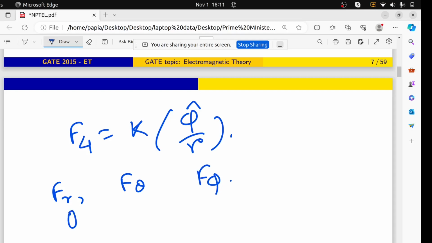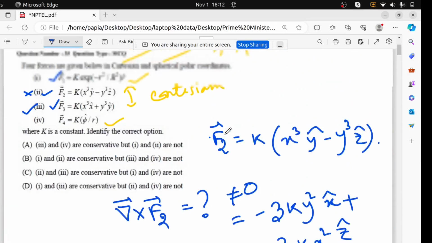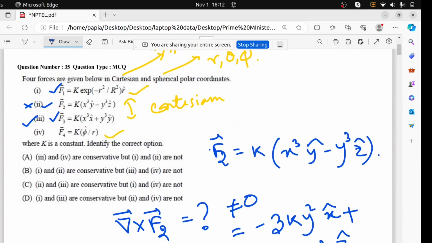Fr will be 0. F theta will also be 0. Right? And F phi will be k by r simple. Now you just tell me, is it conservative or not? Because the curl of F is 0 or not. Yes. So that means it is not 0.